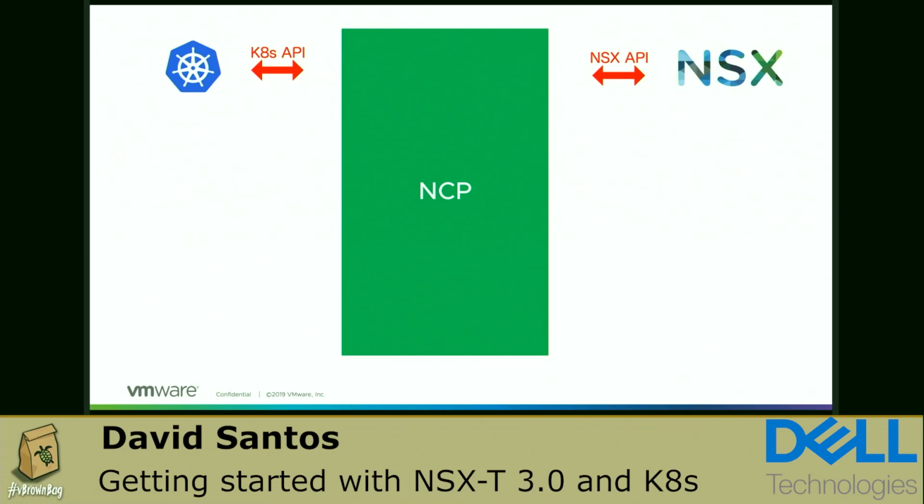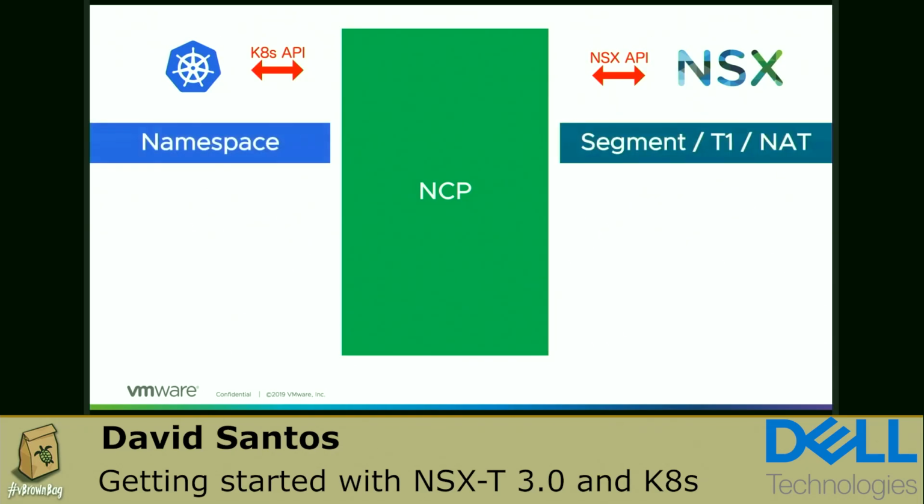The Kubernetes cluster will have some pods that run in the master, and also others that run in the workers. They will translate the Kubernetes language to the NSX language. Basically, that is what NCP does.